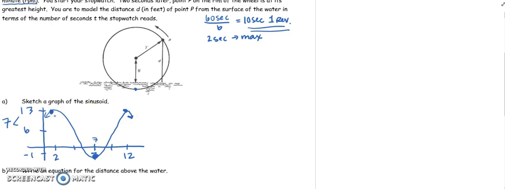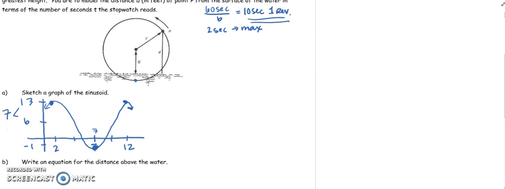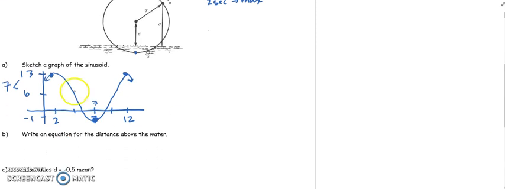It says write an equation for the distance above the water. Okay, so it does look like a cosine. It is right side up, it's not reflected, and it has an amplitude of 7. So far I know, and I'm using d because this is distance above the water, d equals 7 cosine. Now, pump the brakes. A whole revolution is 10 seconds, but I want to know my frequency.